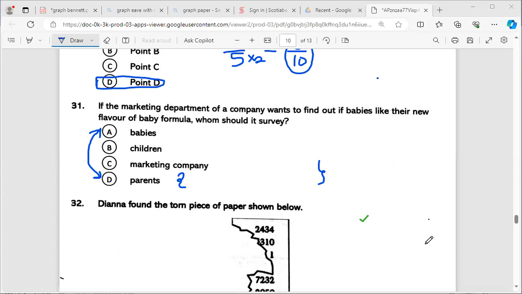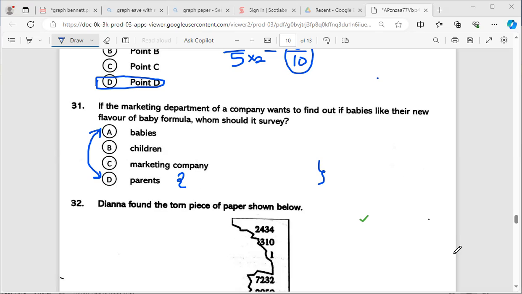No, you're assuming. That's not relating to the topic. So it has to be parents, because the only person who can observe is the parent, because they're the one taking care of the babies. Babies don't know what they want because they're in the stage of developing. It has to be parents. All right, guys. Next week we're going to continue with this.